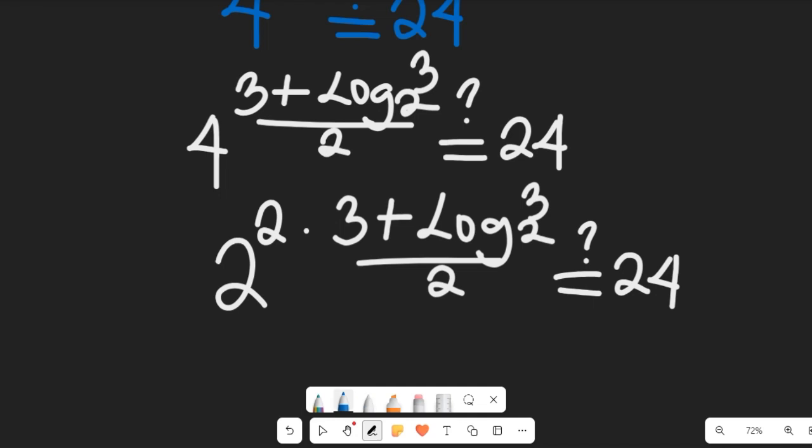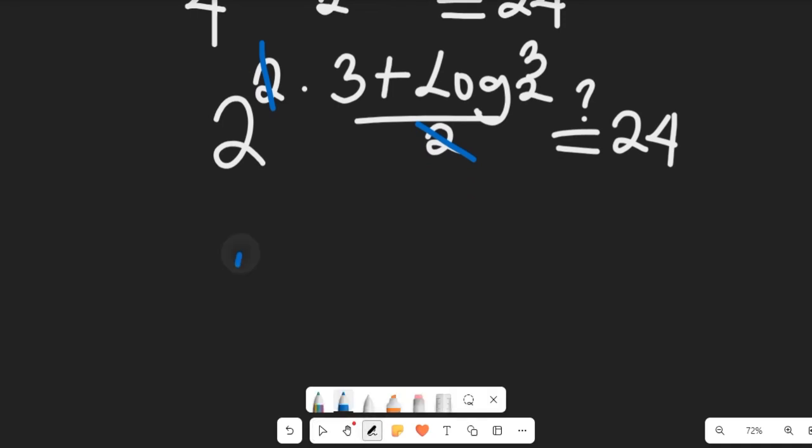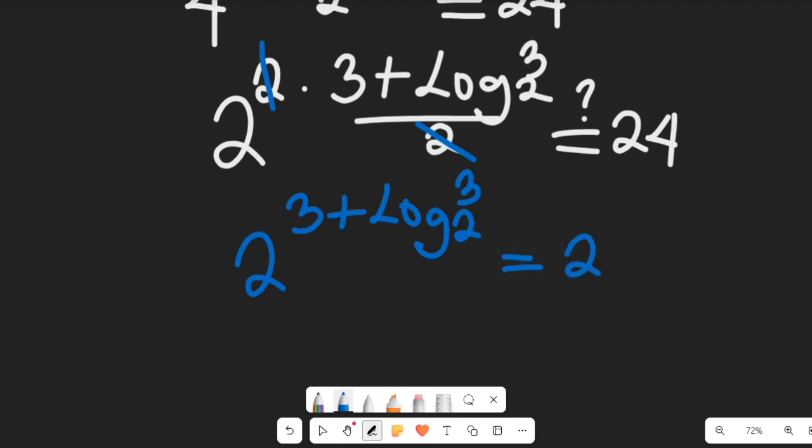Let's check that out. 2 will have to cancel out 2, and then we'll be left with 2 to the power of 3 plus log of 3 base 2, and this will be equal to 24.